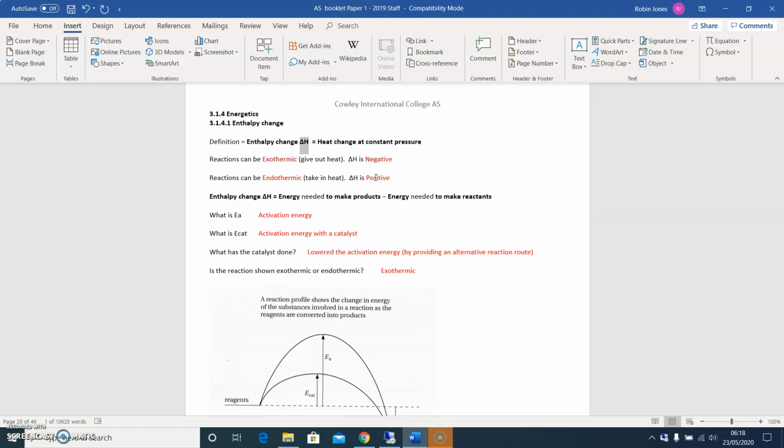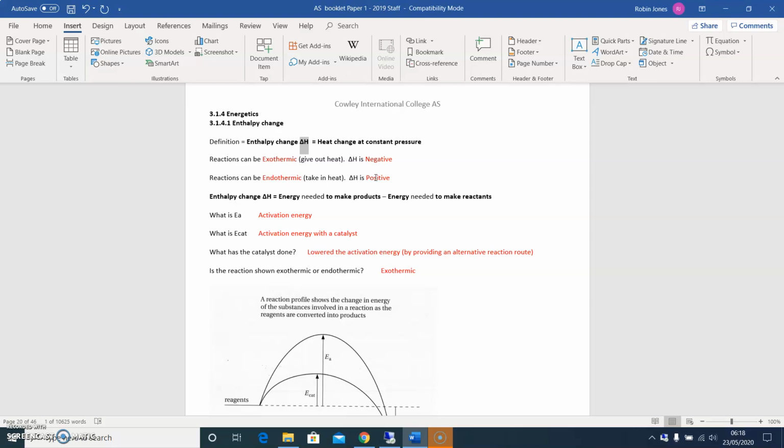Okay, reactions can give out heat. They're called exothermic reactions, and in that case, delta H, the heat change or the enthalpy change, is negative. So an example of an exothermic reaction may be something combusting, something burning. A reaction which takes in heat is endothermic, and delta H is positive. An example of something that takes in heat might be ice melting.